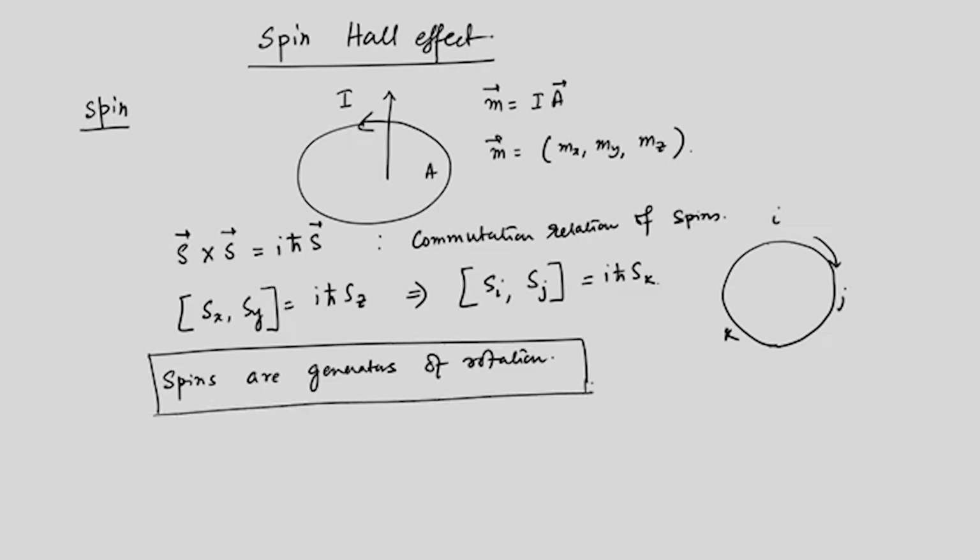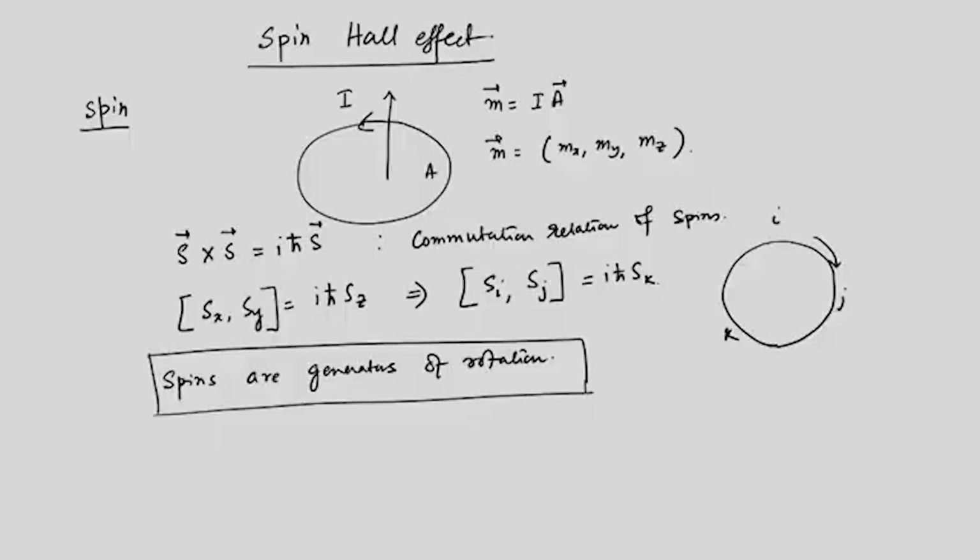In fact, the rotation operators can be represented by the spin vectors, and in a very similar manner, finite rotations about different axes do not commute, and this is directly related to the fact that the components of S do not commute as well, which is what you have just seen here.